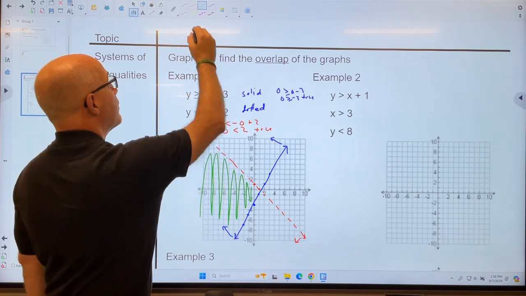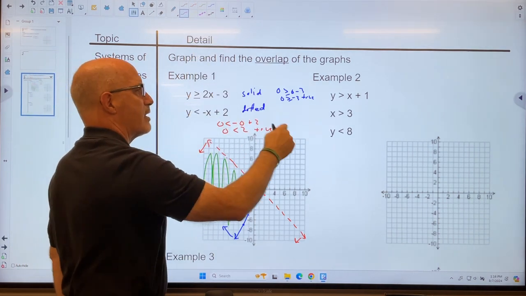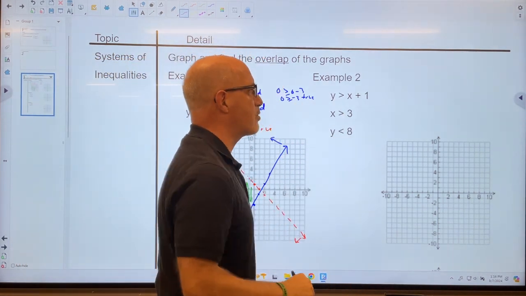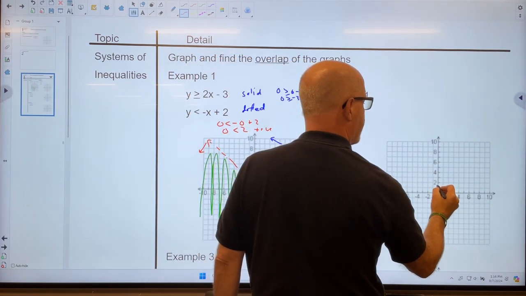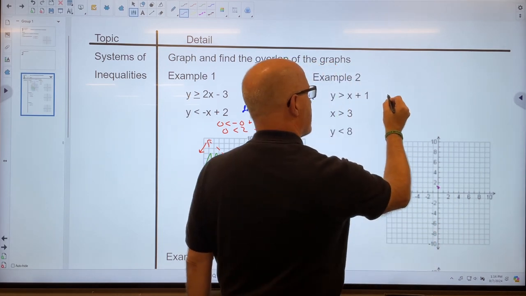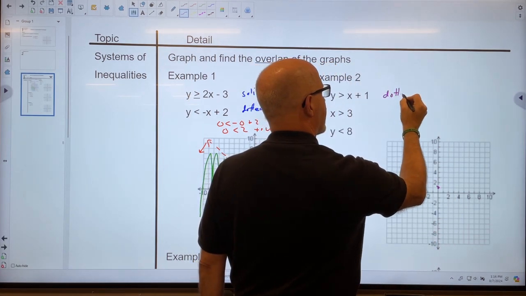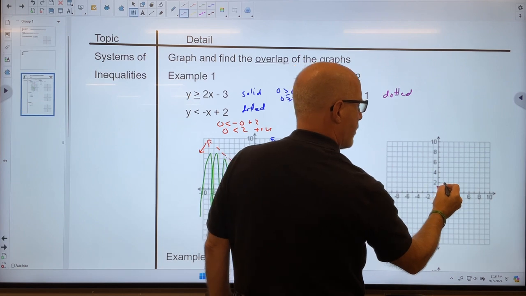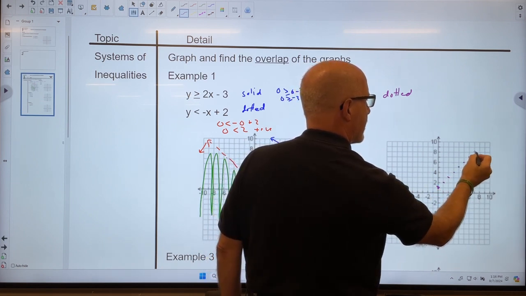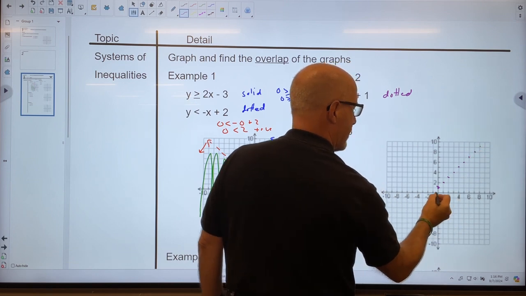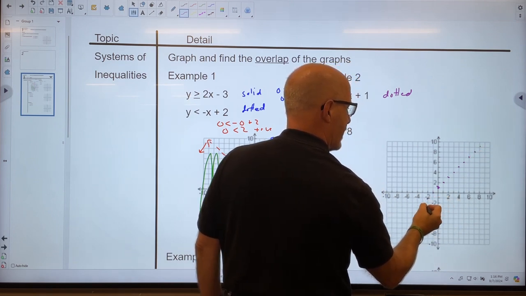Let's do another example. Okay, let's start with this first one. I'm going to graph y is greater than x plus 1. So I'm going to start at 1, and this is going to be a dotted graph. So we go up 1 over 1, up 1 over 1, and we go down 1 over -1.